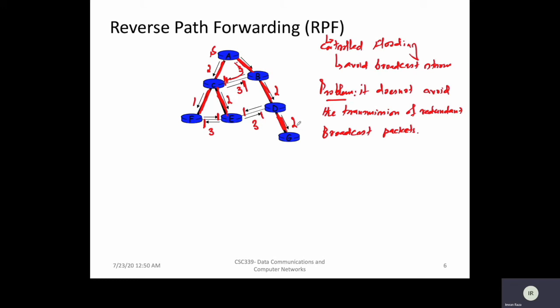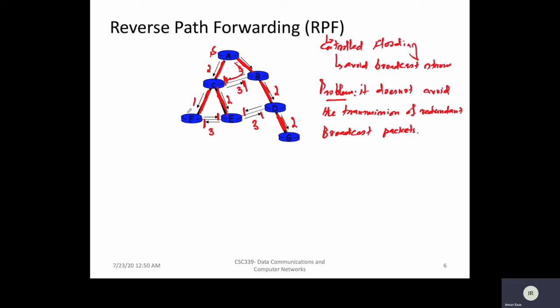So I can think of it as a tree of nodes, where the different nodes are connected with this tree, right? And if I only forward packets along this tree, there won't be any redundant transmission, right?